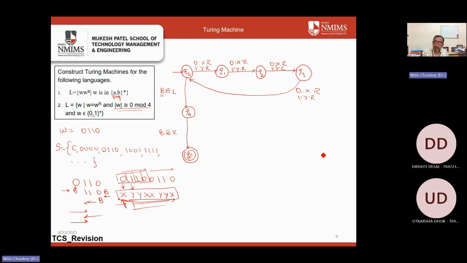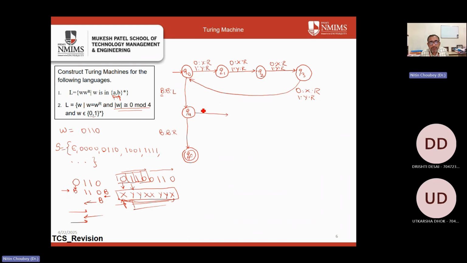Now, what if W is not equal to epsilon? In that case, we will get X and Y's. X replace with X, move to left. Y replace with Y, move to left.